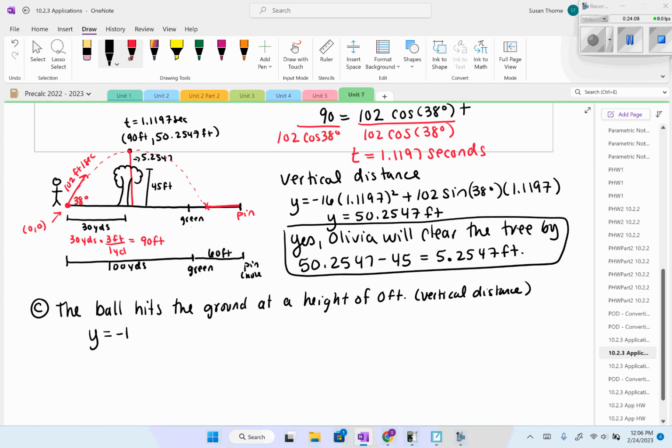So we have y equals negative 16t squared plus 102 times the sine of 38 degrees times time. So we're plugging in y equals 0.